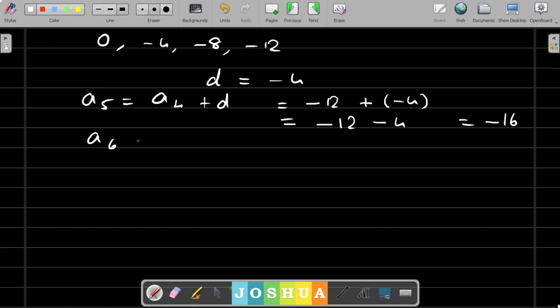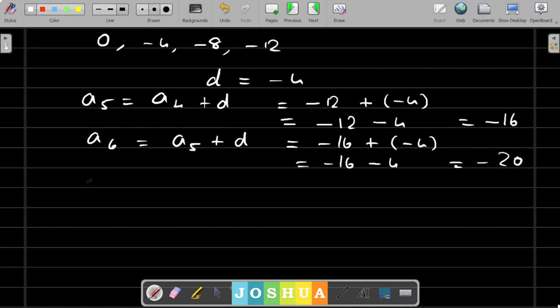In the same way, the sixth term is equal to the fifth term plus the difference. The fifth term here is minus 16 plus the difference, minus 4. That is equal to minus 16 minus 4, that is equal to minus 20.